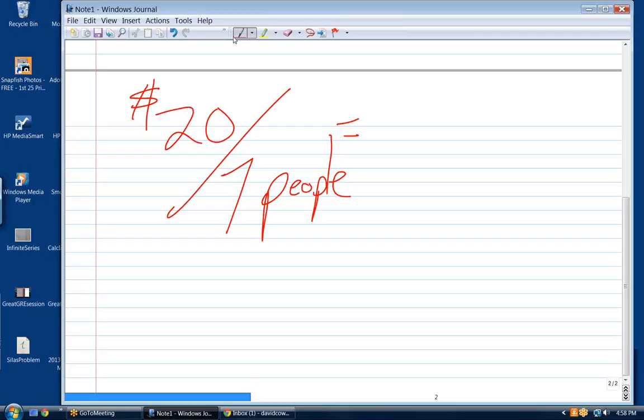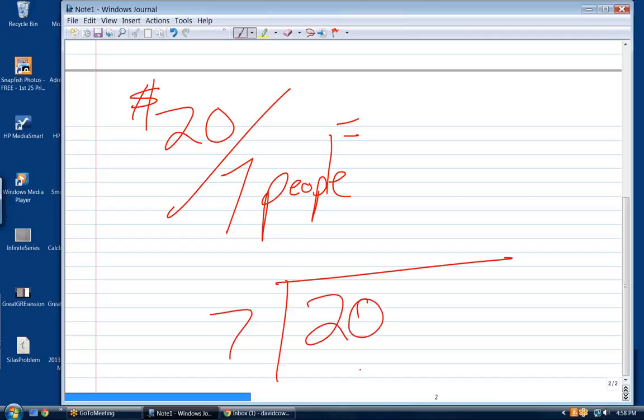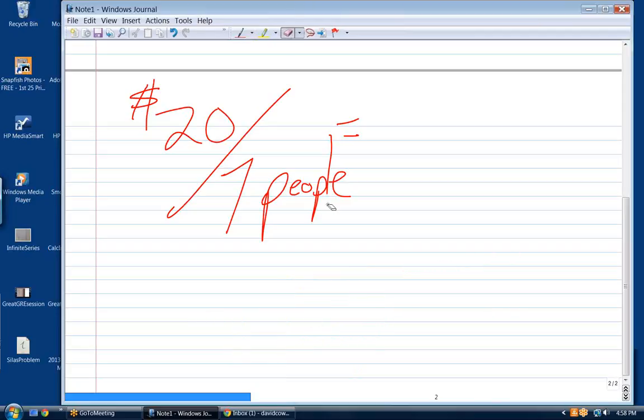Well, you have to do division. Just give me the answer to the accuracy of the second decimal point, because that's pennies. 2.85. So it's $2.85 per person.